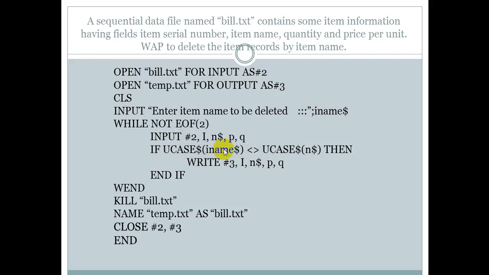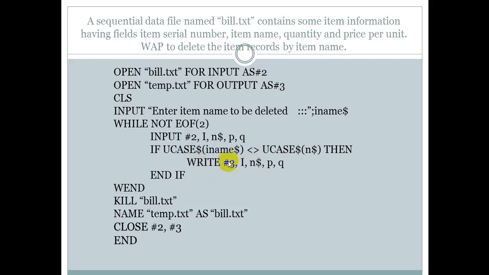If this laptop is not equals to the field variable that stores the content of this data file. Suppose the field is equal to laptop. Here also laptop, here also laptop. Laptop is not equals to laptop: false. So if false, then no need to write here. If false, then don't write here.